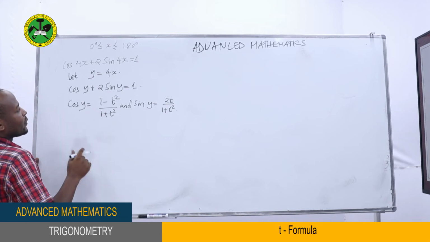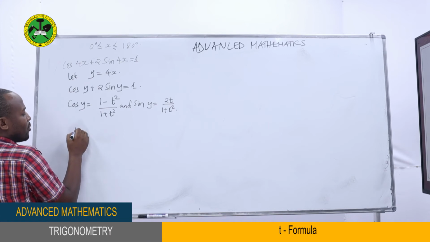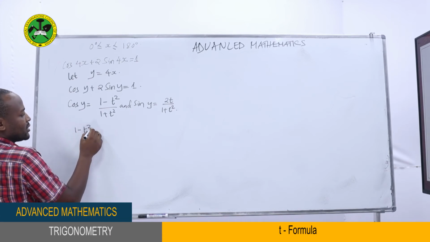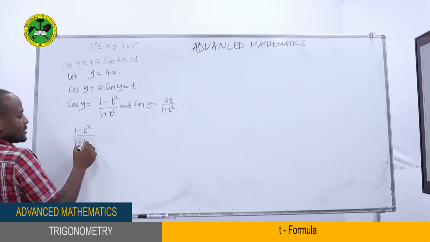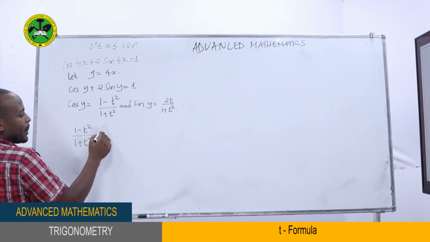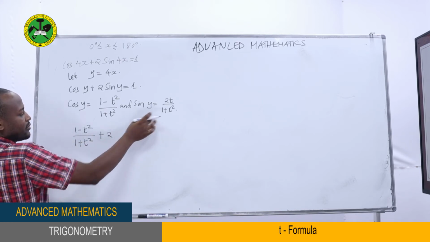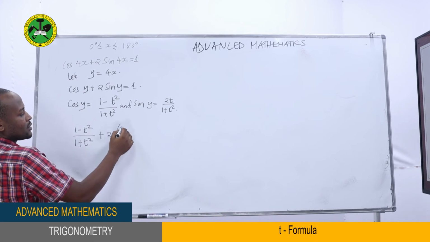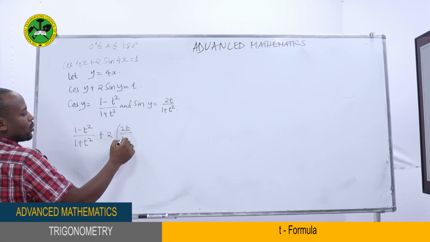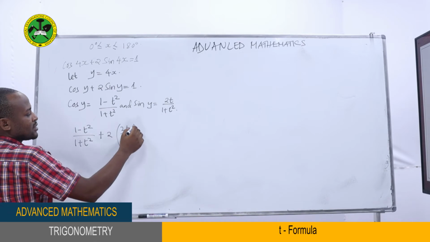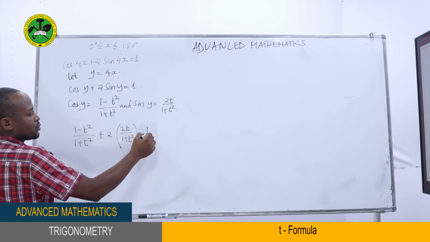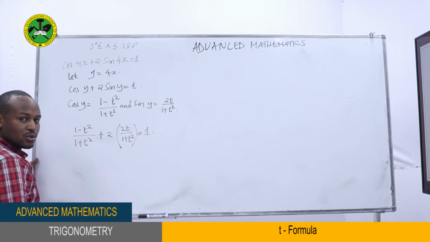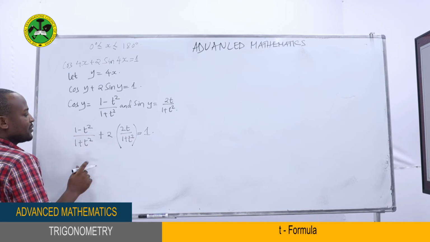Now let's go on and plug them in. So we have (1 - t²)/(1 + t²) + 2 times 2t/(1 + t²) equals 1, my dear student.